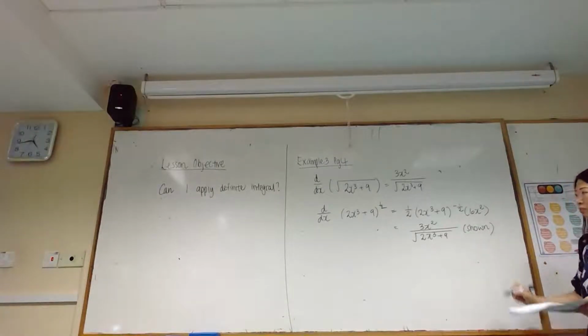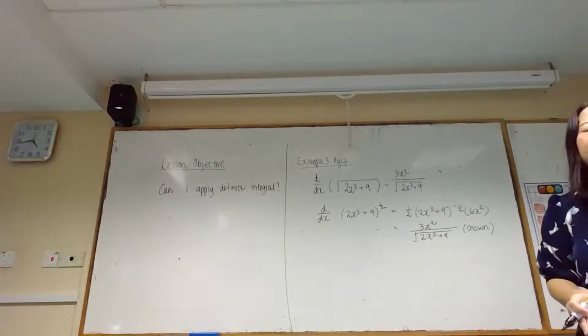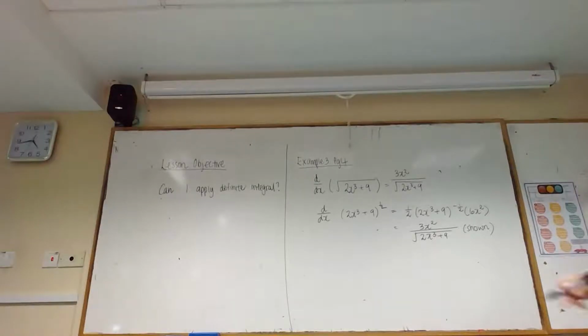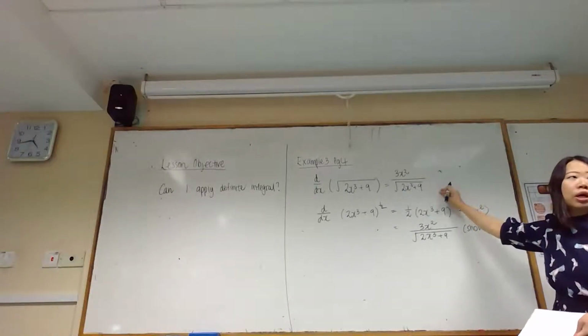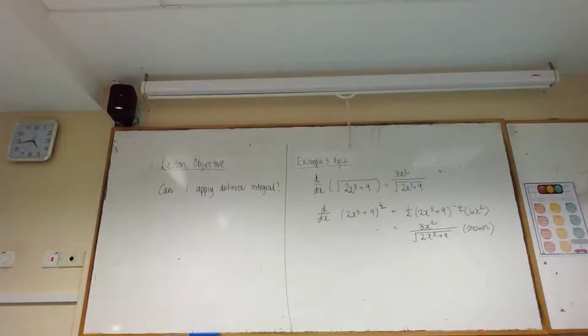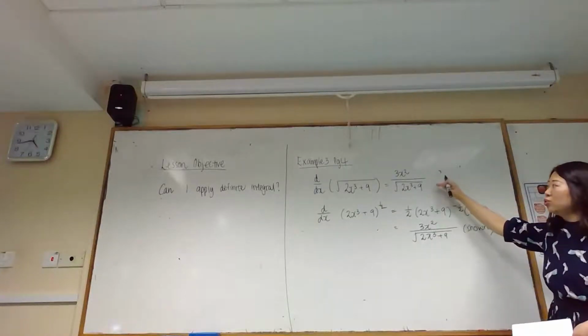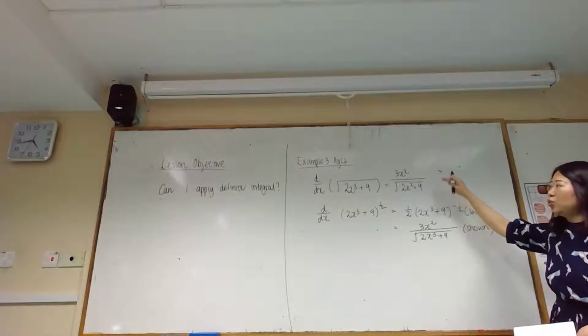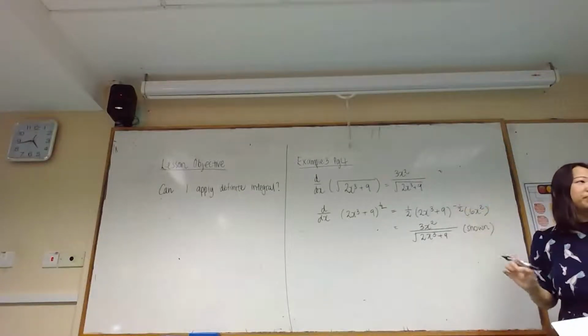One step. Why do you think they gave you the expression and asked you to show instead of asking you to find dy/dx?